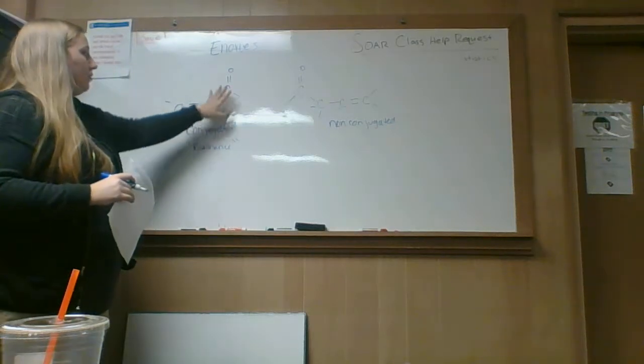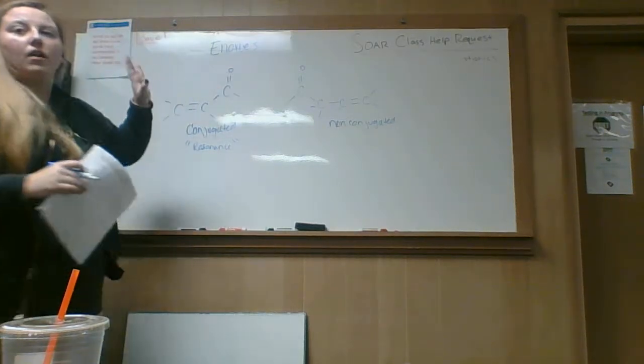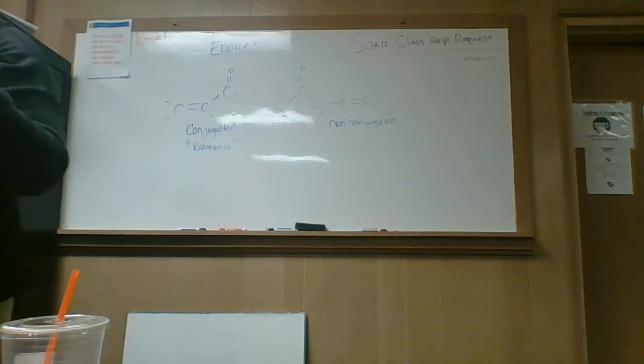When you have double, single, double, electron delocalization is possible. Electrons can move through those p orbitals, offering extra stability through what we call resonance. Really important for this one. So enones, especially the ones that we're talking about, alpha, beta unsaturated, are very, very stable and are more stable than non-conjugated.